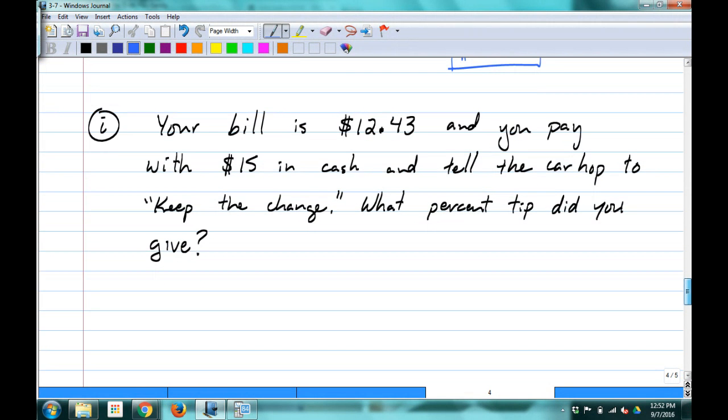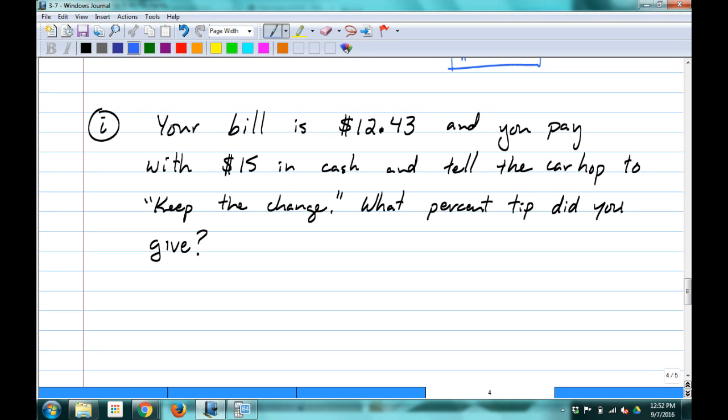Let's look at another one. Your bill is $12.43. You pay with $15 in cash, and you tell the car hop to keep the change. Say you're at Sonic, and you ordered a small drink and cheese sticks, and it's $12.43. That's a joke, it shouldn't be that much. It's sadly close to that.